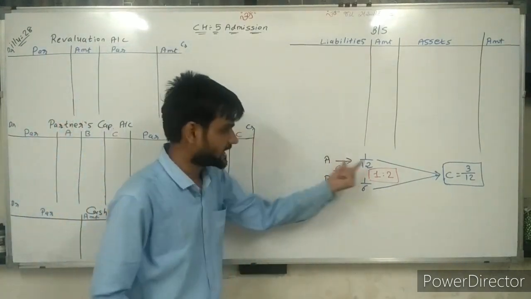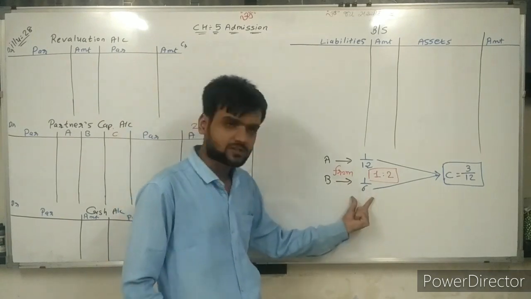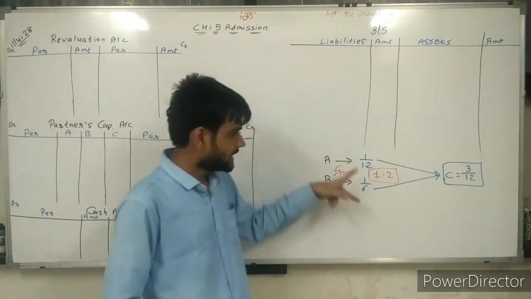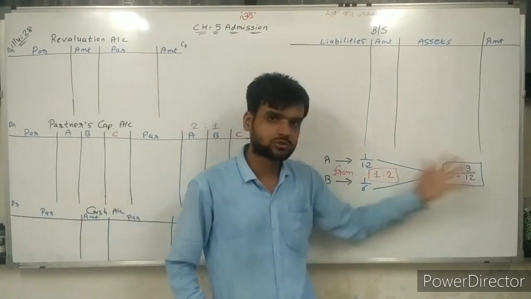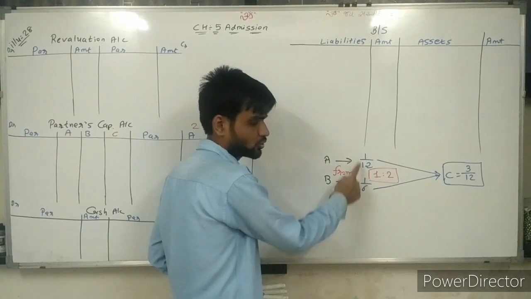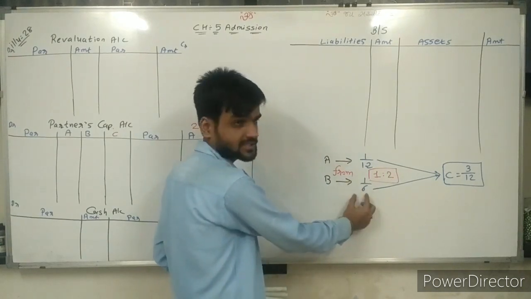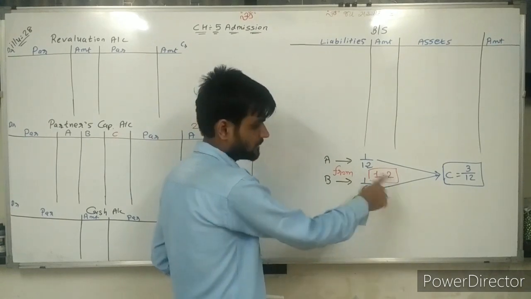So A sacrificed 1/12 from his share, B sacrificed 1/6 from his share. It means this share is given to C, the total of these two is given to C, and the sacrifice made by these two is 1:2. So why 2? Because here 6 is given, here denominator 12 is given. To make it 12, multiply by 2.